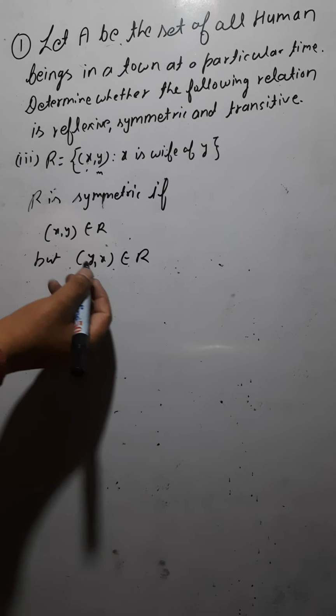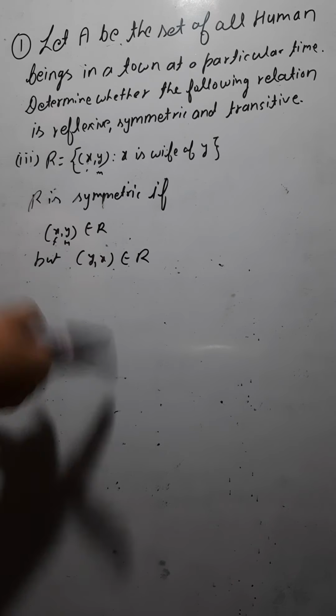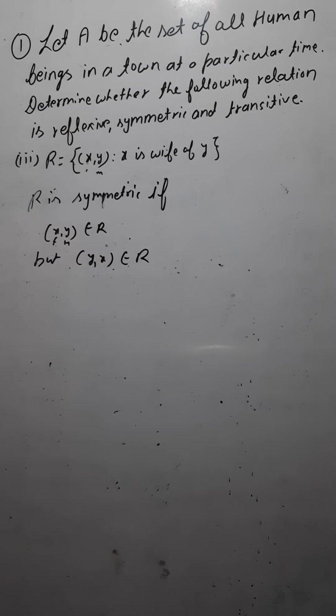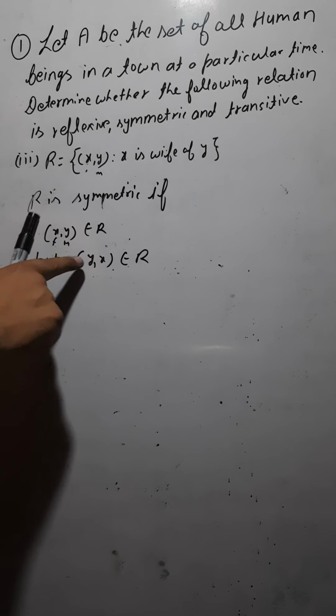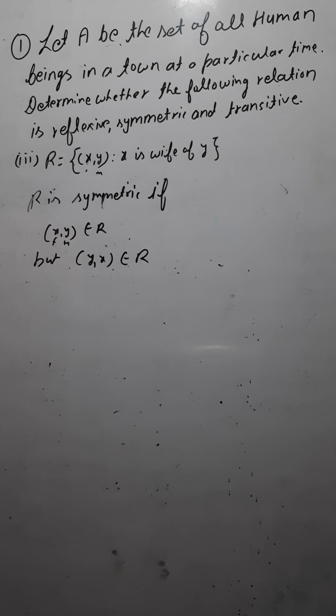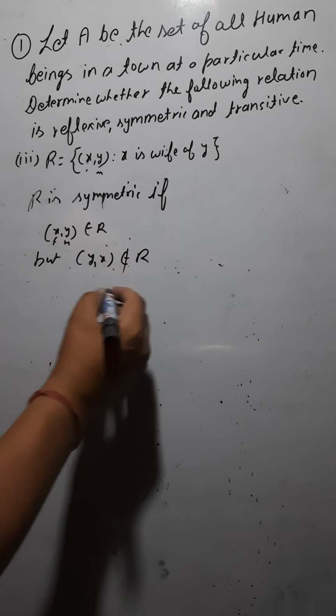But for (y, x), the first one should be female and the second one male. x is wife of y, so can y also be the wife of x? Just imagine, x is wife of y, so can y also be the wife of x? Not possible. So the ordered pair (y, x) does not belong to the relation.